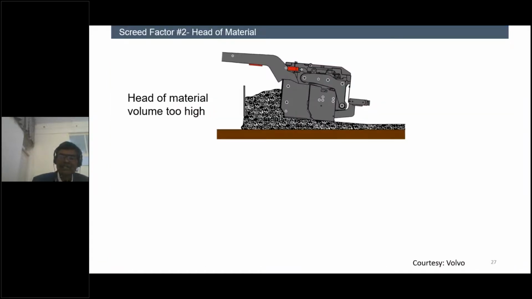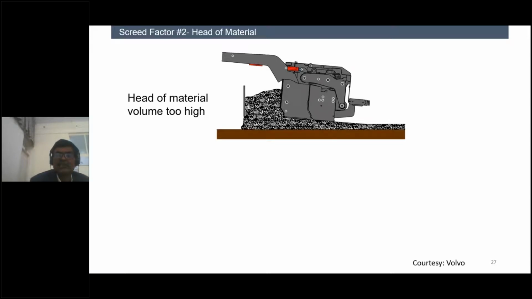And the head of materials before the screed, the paver screed, should also be maintained. This is applicable for all, even in the pug mill, whether it is a concrete mix plant or a wet mix plant, or even in front of the auger. Ideally speaking, the quantity of mix in the pug mill should be up to half of the blades or half of the paddle, so that the mixing will be uniform.